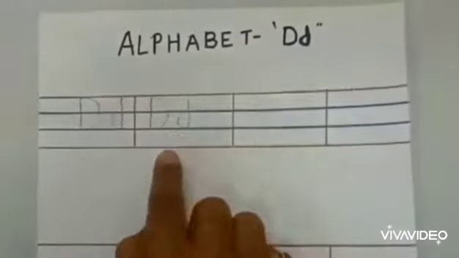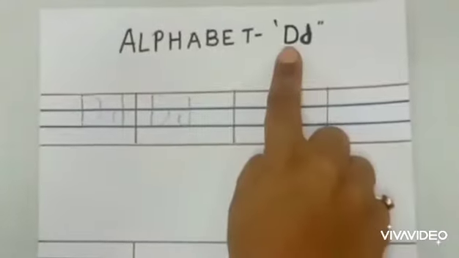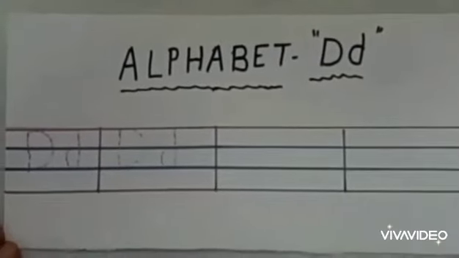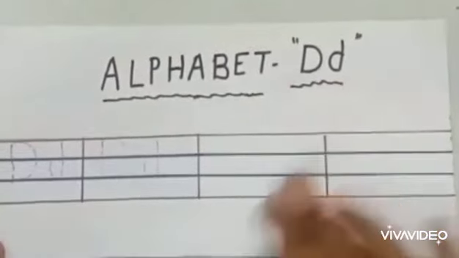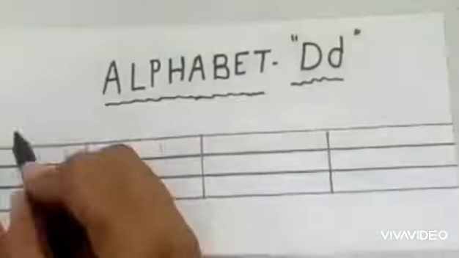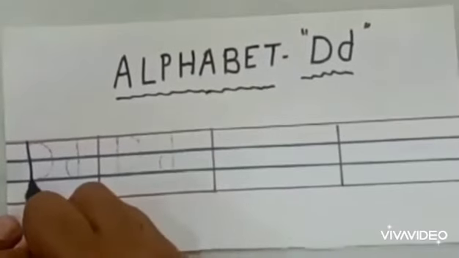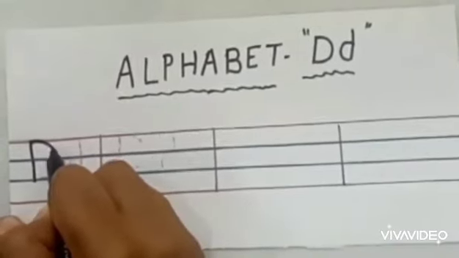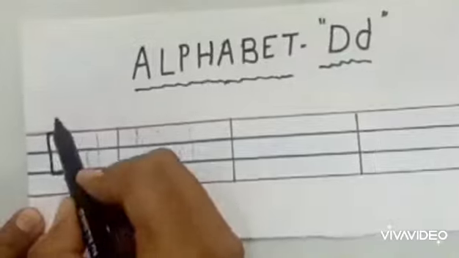Now let's do tracing of alphabet D. Start with red line to blue line standing line. Go up to the red line and make a reverse C and touch the blue line.